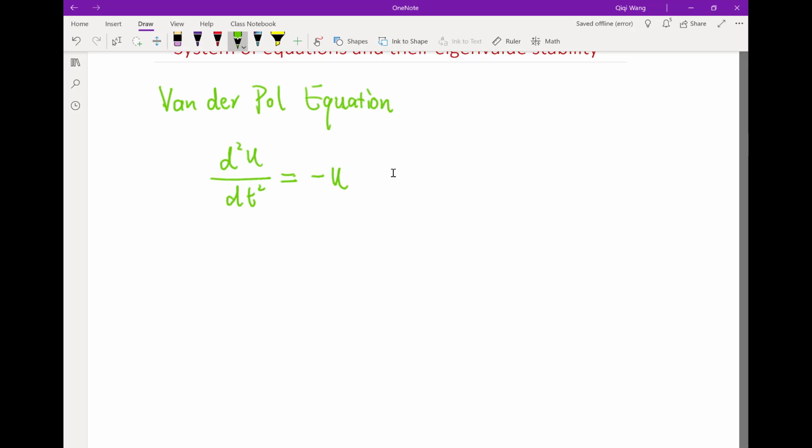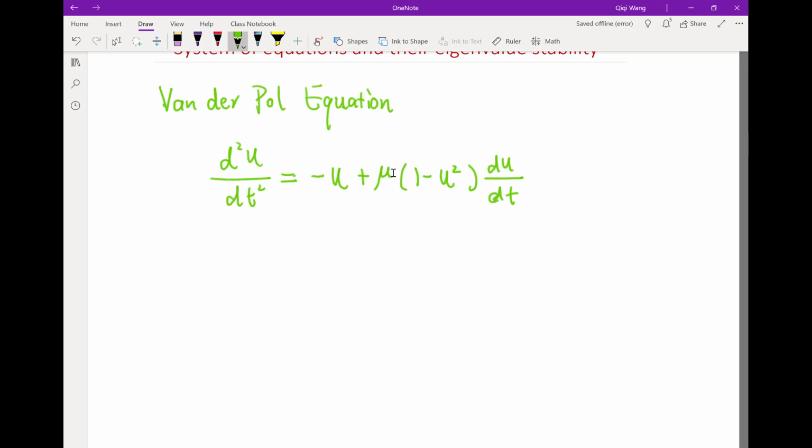But there is a little bit more. The additional stuff is plus mu, a damping coefficient, that's the additional parameter, times 1 minus u squared times du dt. So this is the additional magical term.